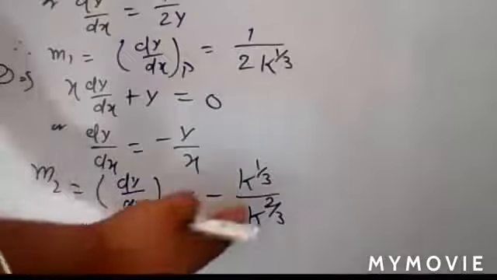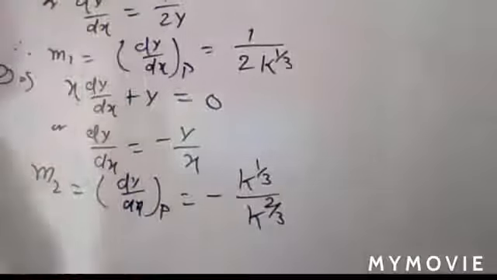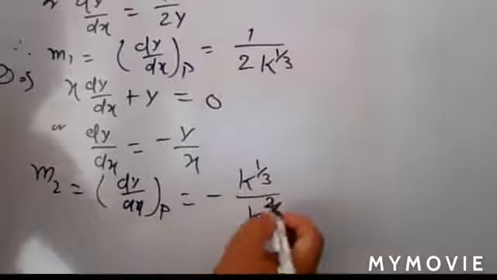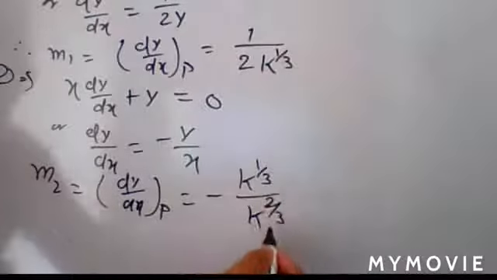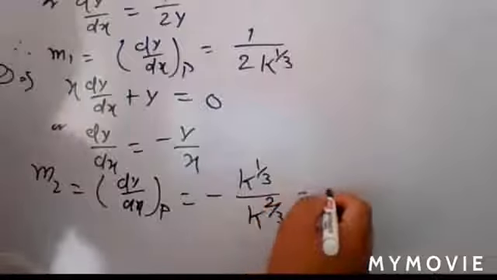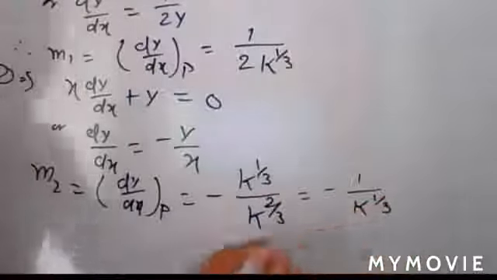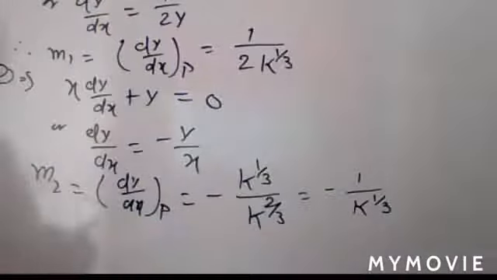Simplifying that, 2 upon 3 minus 1 upon 3 gives 1 upon 3, so that can be written as minus 1 upon k to the power 1 upon 3. So that gives the value of m2.